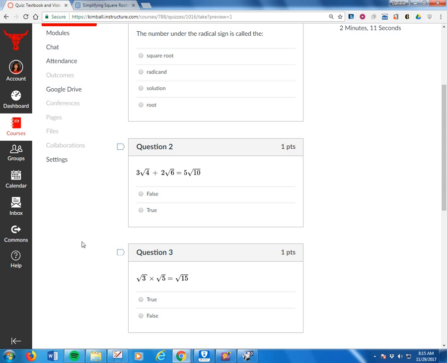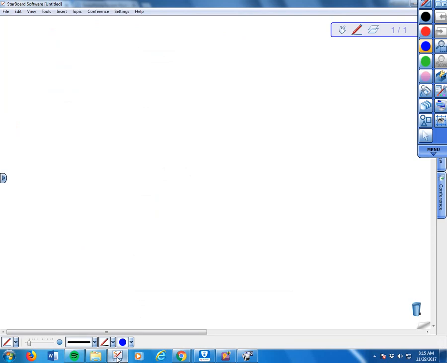Okay, so if you're adding roots, can I add these two? I can't. And I'm going to go through a few rules with radicals, but you cannot add roots that are unlike. Square root of 4 is 2, right? Square root of 6 is about 2.45. So 3 square roots of 4 plus 2 square roots of 6: 3 times 2 is 6, and 2 times the square root of 6, about 2.45, is 4.9.